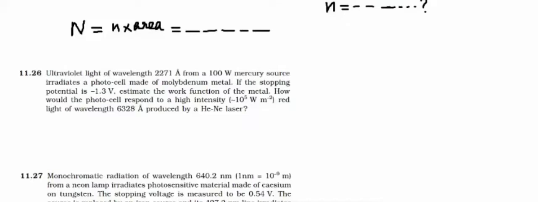If the stopping potential is minus 1.3 volt, note that stopping potential is always negative, so no need to take the negative sign. Just take V naught as equal to the stopping potential, V naught is equal to 1.3 volt. Retarding potential is always negative.